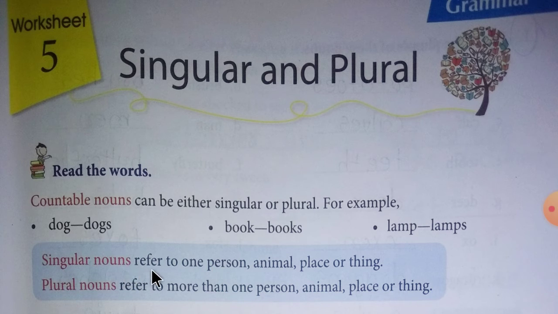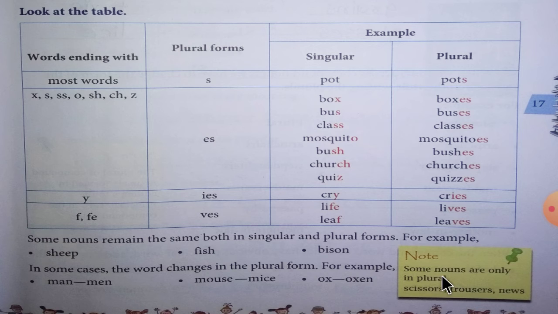Singular nouns refer to one person, animal, place, or thing. Plural nouns refer to more than one person, animal, place, or thing.